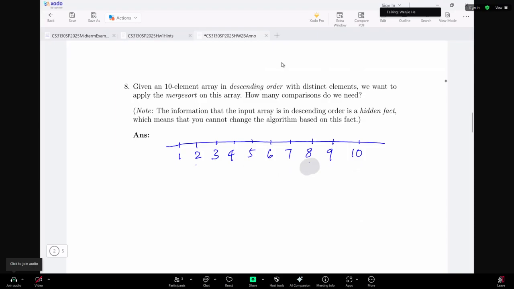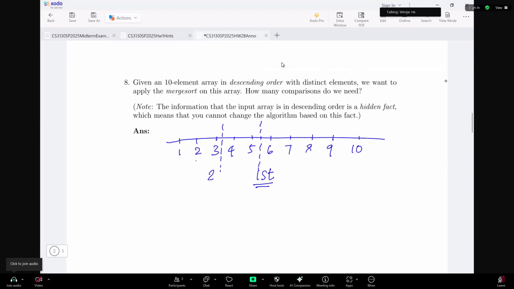When we do divide and conquer, we always divide based on the median. This is the first divide. You split into two subarrays, 5 elements each. Then the second round of split. Because 3 is the median, we put the median in the left subarray.